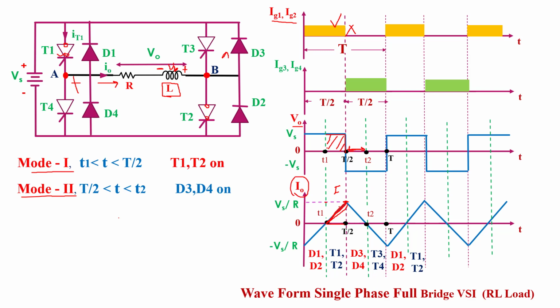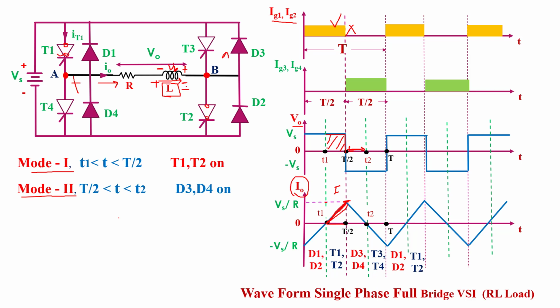So in mode 1, the inductor stores some energy. This time the inductor releases its energy, and when an inductor releases its energy, it changes its polarity. In mode 1, the polarity across the inductor is that this terminal is positive and this terminal is negative, and current flows in this direction. So this time the inductor changes its polarity.